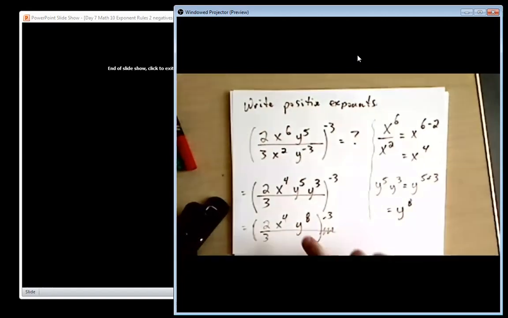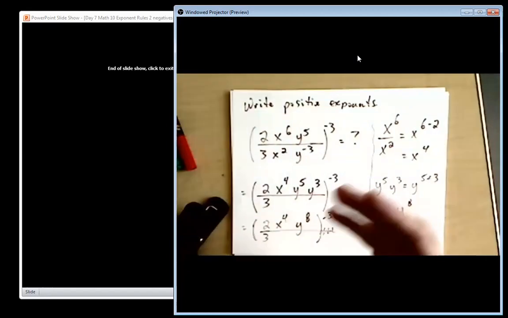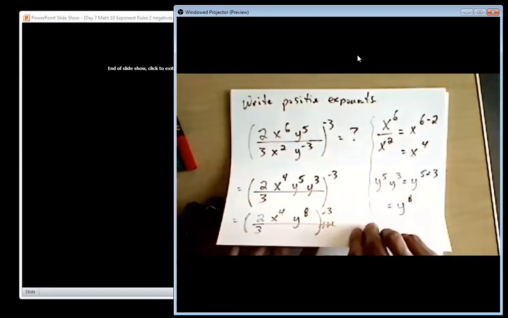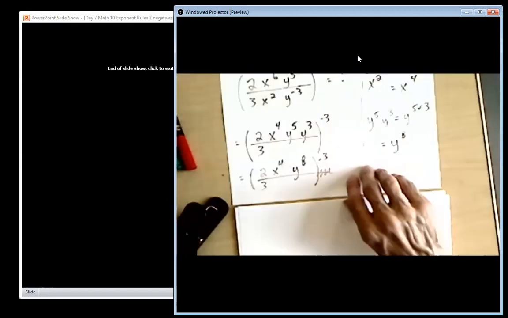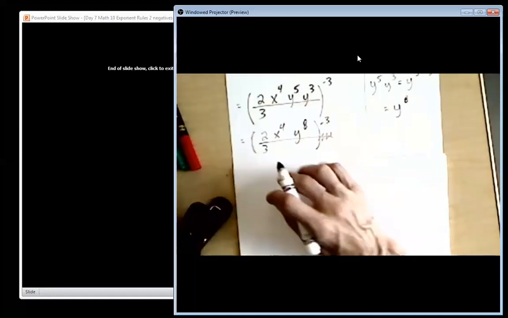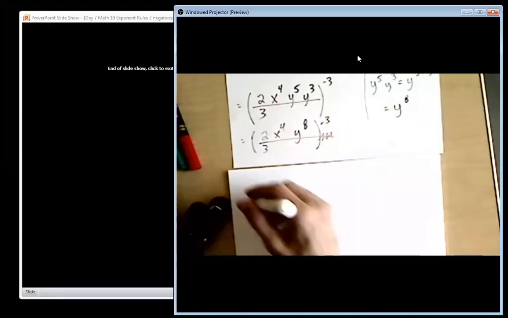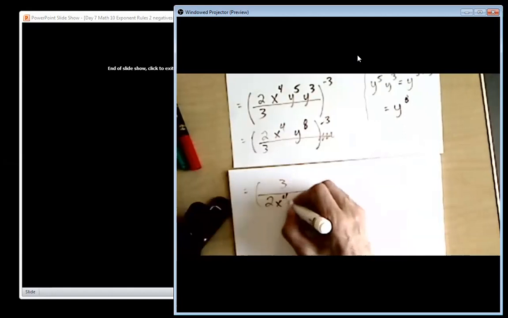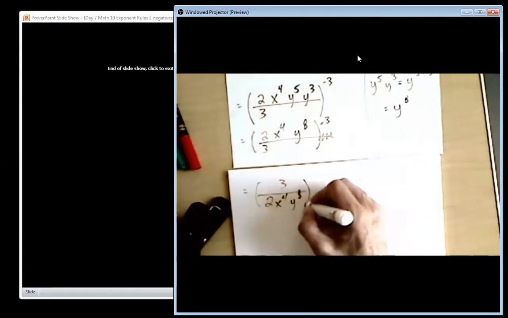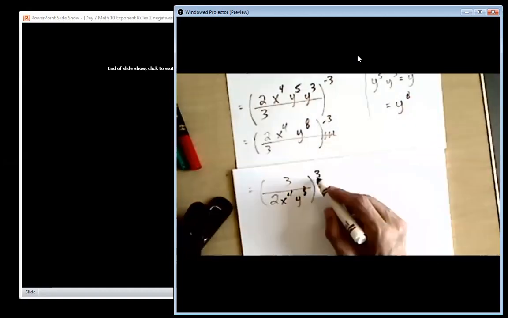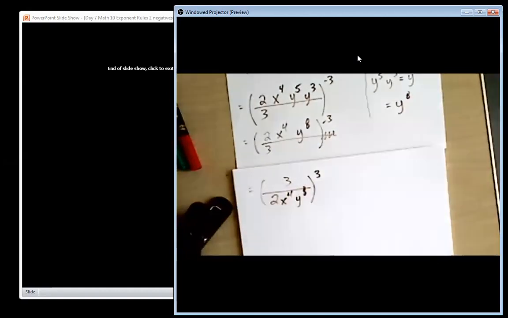You go switch, gets rid of the negative, then everything's positive, and it's easier on the eye to work with. Okay. So you switch it now. That means the bottom goes to the top, top goes to the bottom. The bottom is the 3. The top is all that other stuff. Okay. And now it's no longer negative 3 up there, but plus 3 like that.